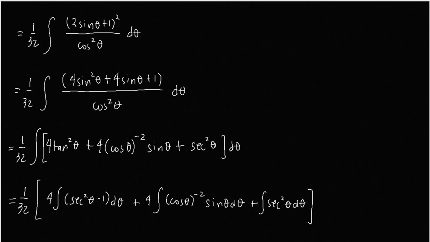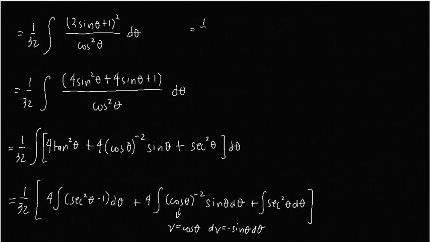Okay, so for this one, if we let v equal to cosine of theta, then dv is equal to negative sine of theta d theta. So we can say that this will be equal to what? We have 4 secant squared theta here, and then we have secant squared theta here.